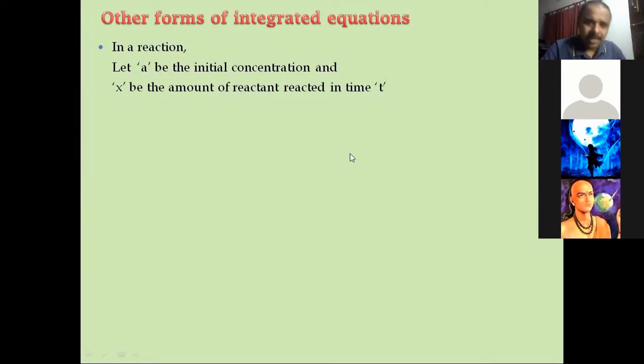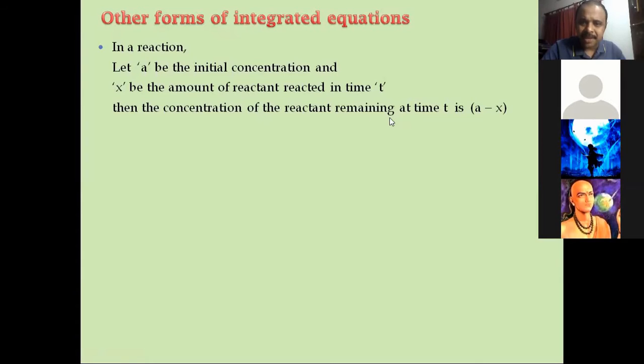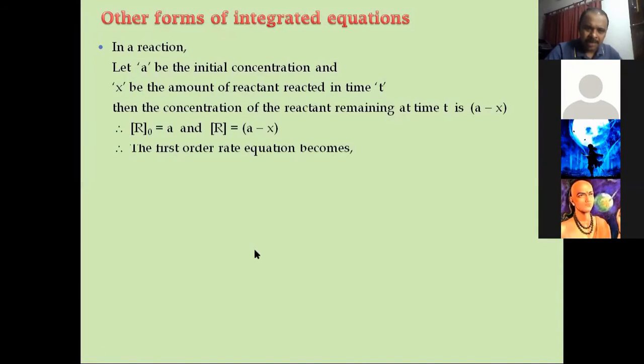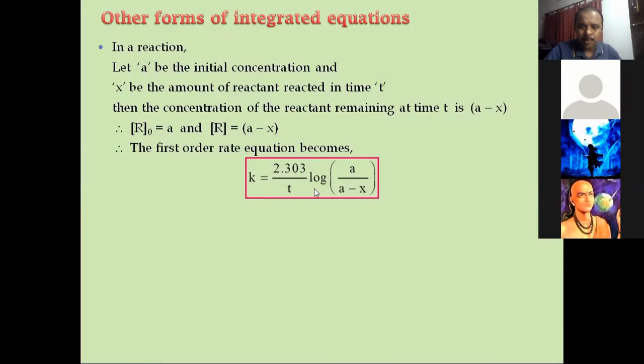A minus X. So the concentration of the reactant remaining at time t is A minus X. A is initial, X is reacted, remaining is A minus X. In the previous equation, R, the remaining concentration, is A minus X. So R naught is equal to A, R is equal to A minus X. Therefore, the first order rate equation becomes K is equal to 2.303 by t log A by A minus X. Now, similar terminologies can be used in zero order also.